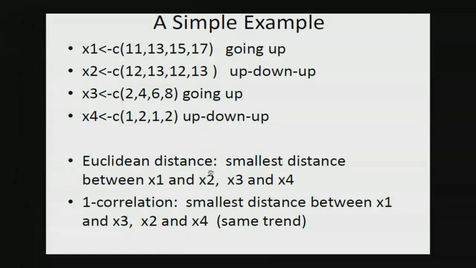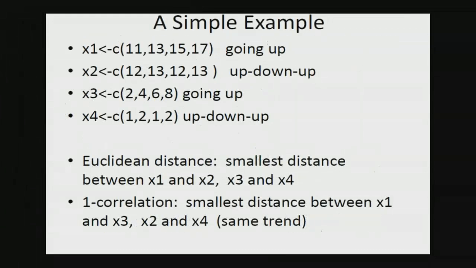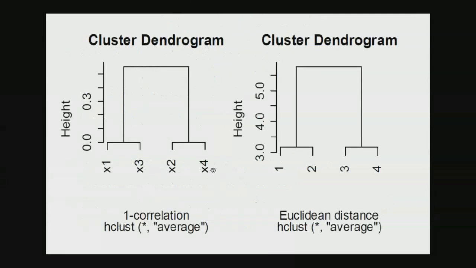Okay, so it really depends on what you want to do. If we apply this hierarchical clustering algorithm using 1 minus correlation, like I said, X1 and X3 will cluster together, and X2 and X4 will cluster together.